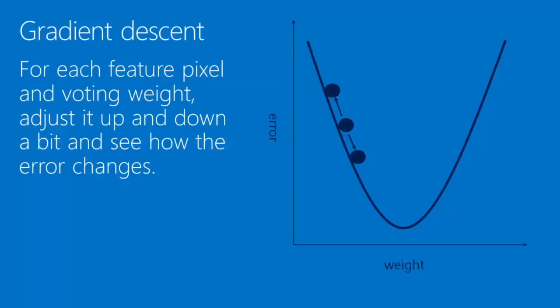As they're adjusted, you can think of that as sliding a ball slightly to the left and slightly to the right on a hill. You want to find the direction where it goes downhill. You want to go down that slope, down that gradient to find the very bottom, because the bottom is where you have the very least error. That's your happy place. So after sliding it to the left and to the right, you find the downhill direction and you leave it there.